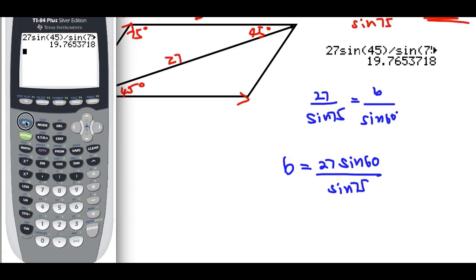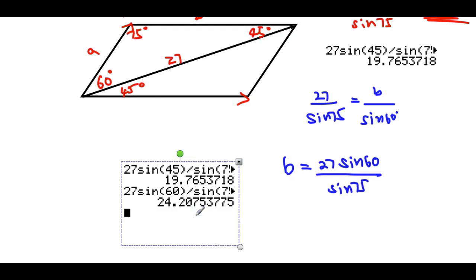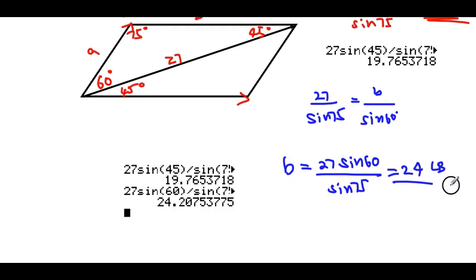It's basically the same, except we have 60 in place of 45. Here we get 24.2, so it's about 24 pounds. And that becomes our answer.